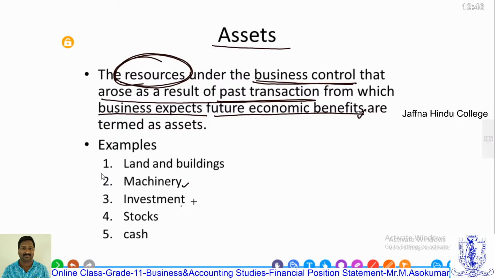Investments are used to earn income. Stock is used for selling goods and earning something. Cash is used to purchase anything. Therefore, all these assets will return future economic benefits, so they are considered as assets.